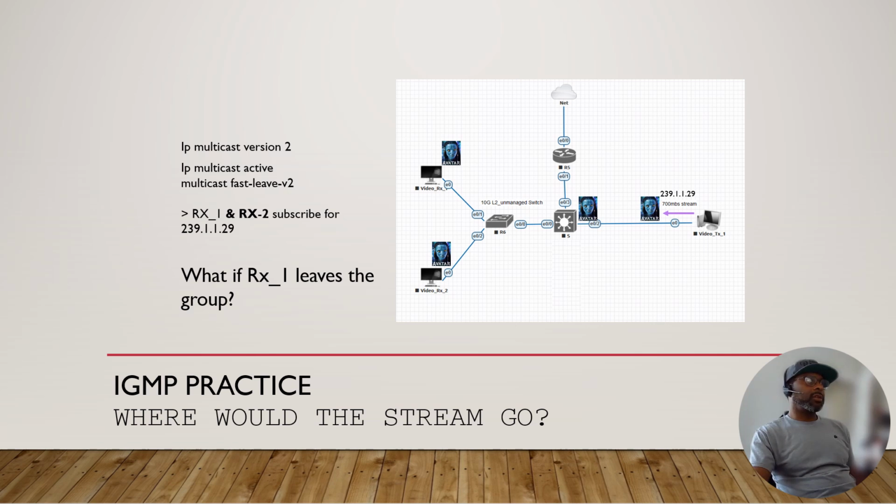Here's another case. You look at the configuration. Receiver 1 and receiver 2 subscribe to the multicast IP address group 239.1.1.220, and it asks, what if RX1 leaves this group? Well, I see fast leave configured, so the minute it requests the leave, it's going to get dropped.